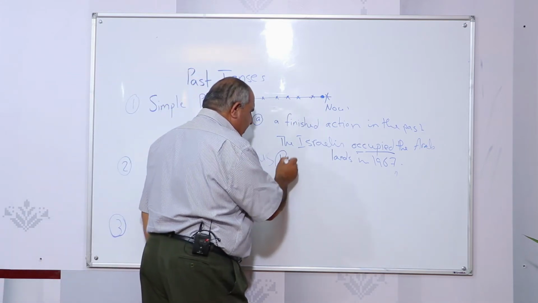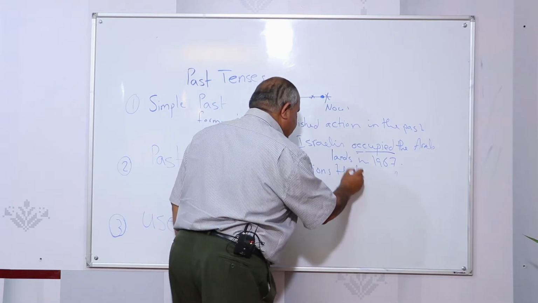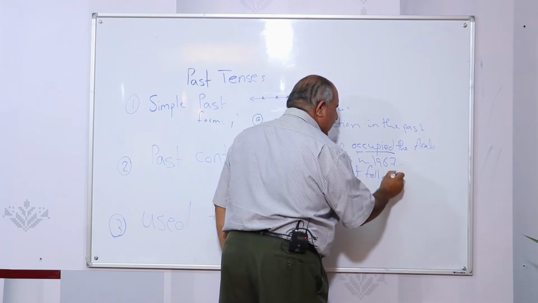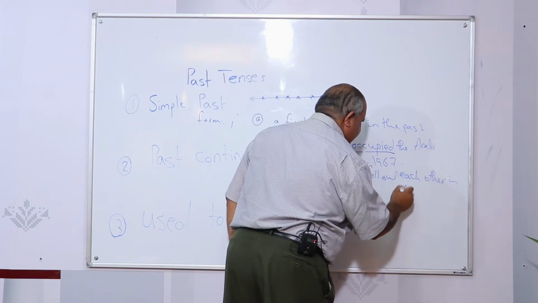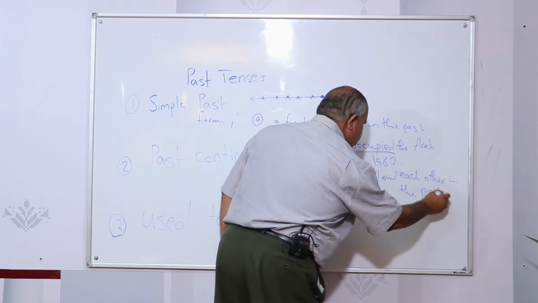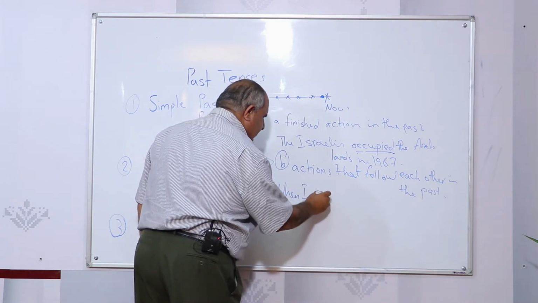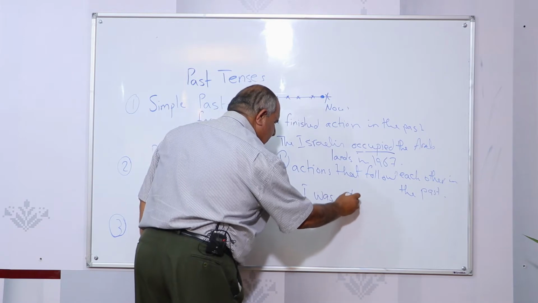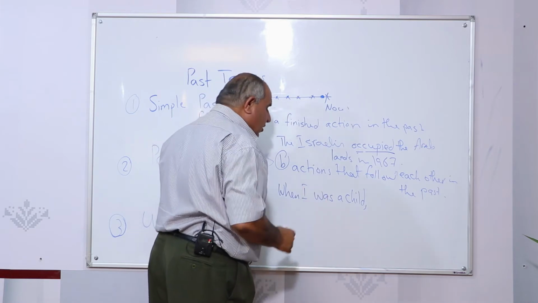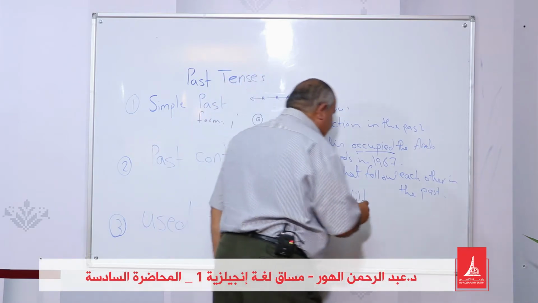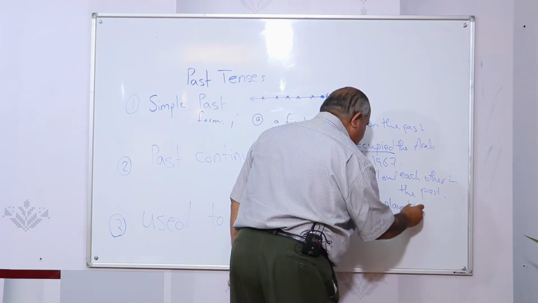Number two, it is used also to express actions that follow each other in the past. Example, I say, when I was a child, this means in the past. This means 30 or 40 or 50 years ago. When I was a child, I played by the sea.